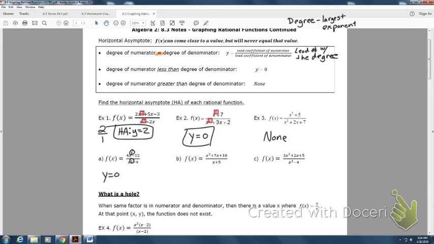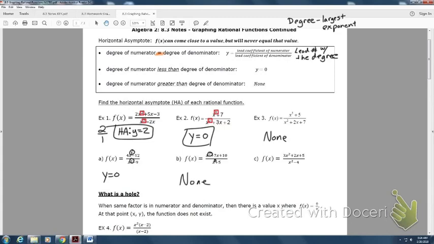On letter B, Journey, the degree of the numerator? 2. Kelly, the degree of the denominator? 1. If the numerator is greater, then what is my horizontal asymptote? None.